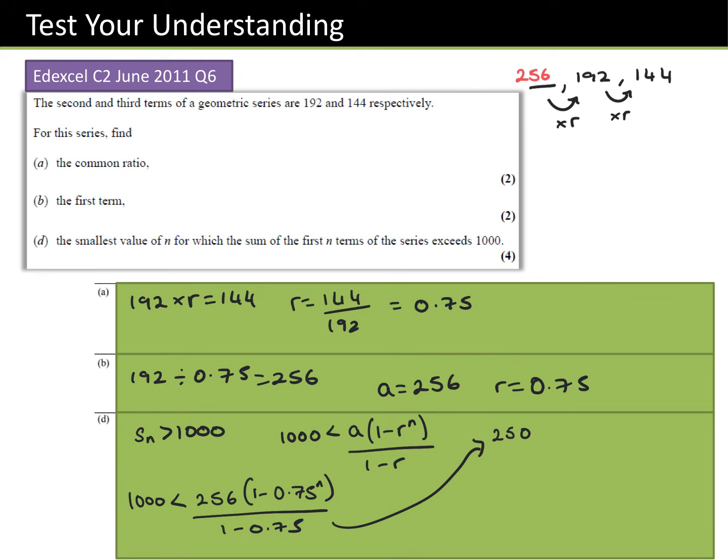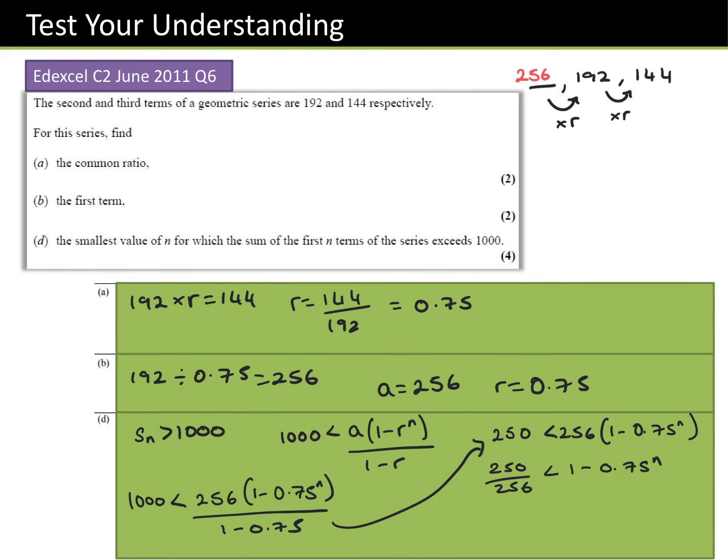250 is less than 256 lots of 1 minus 0.75^n. I'm going to divide by 256. 1 minus 0.75 to the power of n.